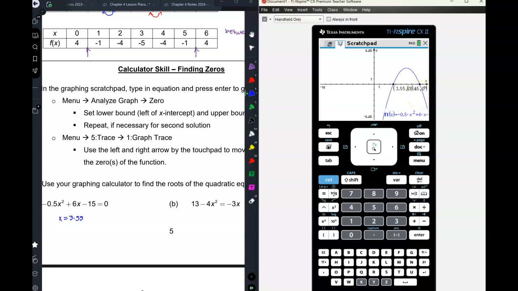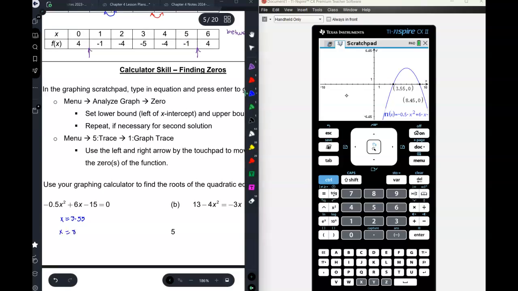This is all sorts of scrunched up, right? So I'm going to go grab it and move it away so I can read it. And it's 8.45, comma 0. So x equals 8.45.